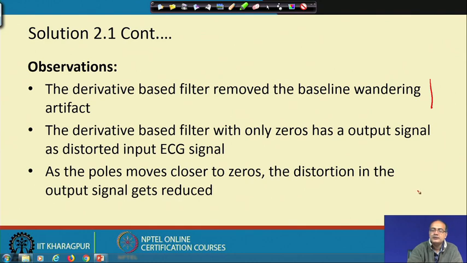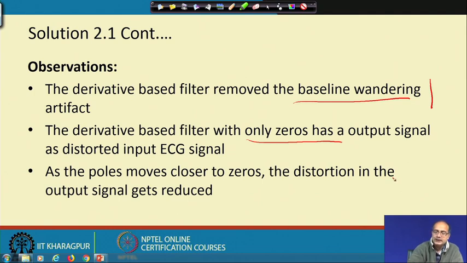So, all these filters, whatever may be the form or the location of the pole, or without a pole, are successful in removing the baseline wandering. That is the first thing we note. Next, we note that when we have only zeros, the output signal is very much distorted.